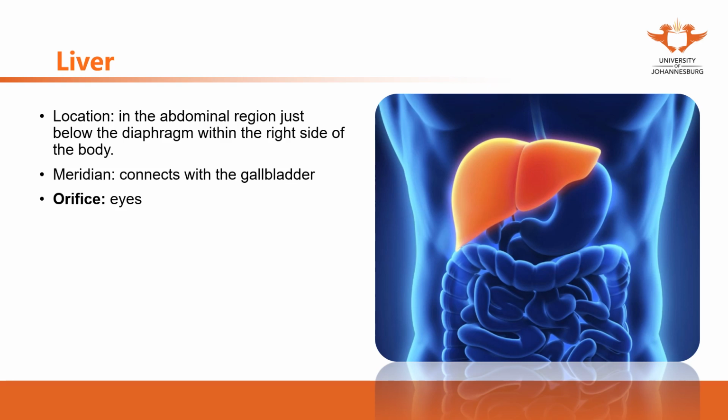The liver meridian goes from the foot all the way up to the external genital area, and then travels up from the abdomen to the chest, all the way to the head.